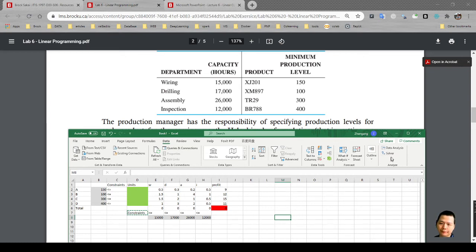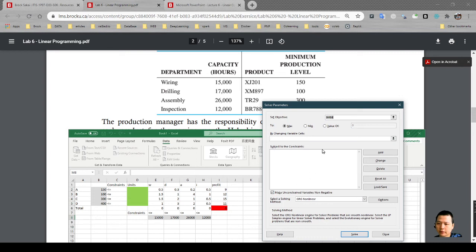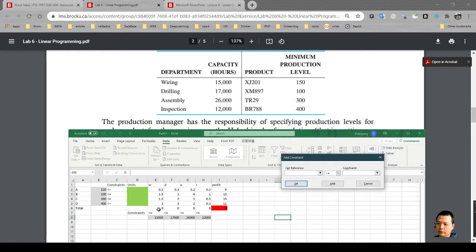To solve this problem, we use Solver. Right, first we need the objective function here, and by changing the decision variables, we can add constraints first. Every process should be less than the constraint values. Right, that's the first one. And the number of units should be greater or equal to the unit constraint.